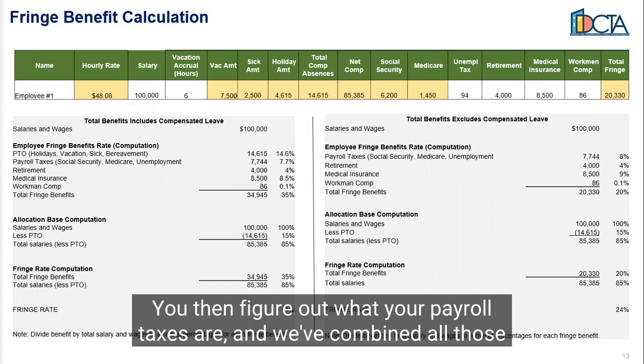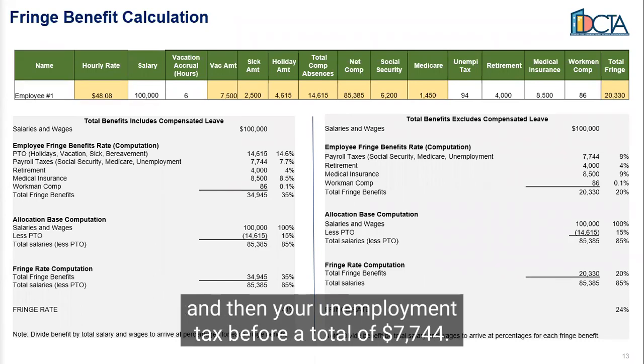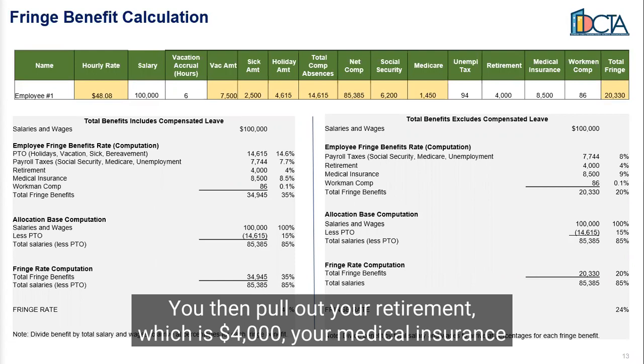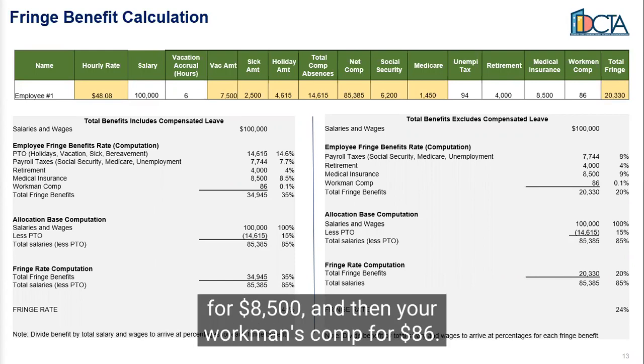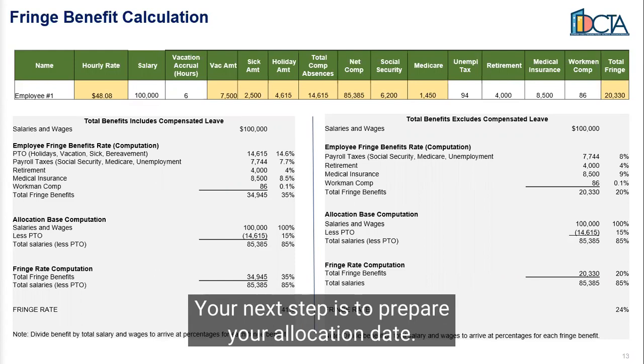And we've combined all those taxes, your Medicare, your Social Security, and then your unemployment tax, for a total of $7,744. You then pull out your retirement, which is $4,000, your medical insurance for $8,500, and then your workman's comp for $86. You total that down, you get a total fringe benefit cost of $34,945.